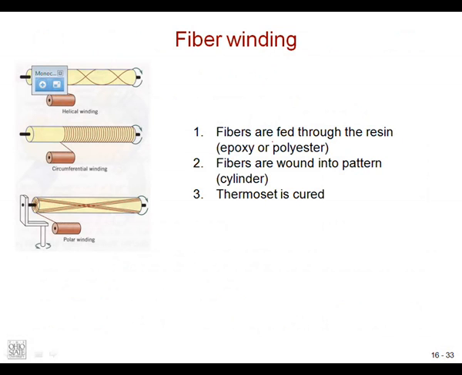Another thing we can do is change the winding. If you think about these epoxies, they're pretty viscous at their temperatures, and then we cure them to set them, forming those cross links. So the fibers are fed through the resin and then wound, and then they cure it.